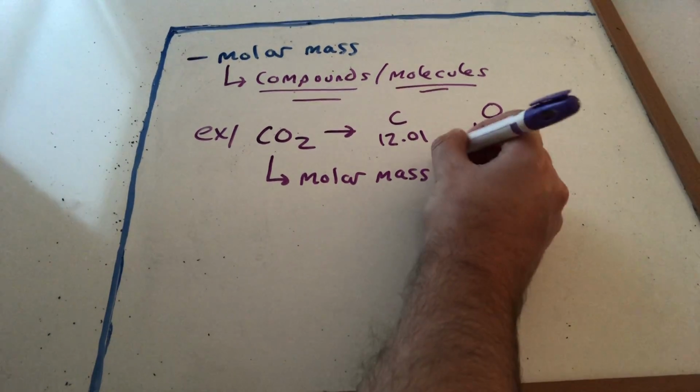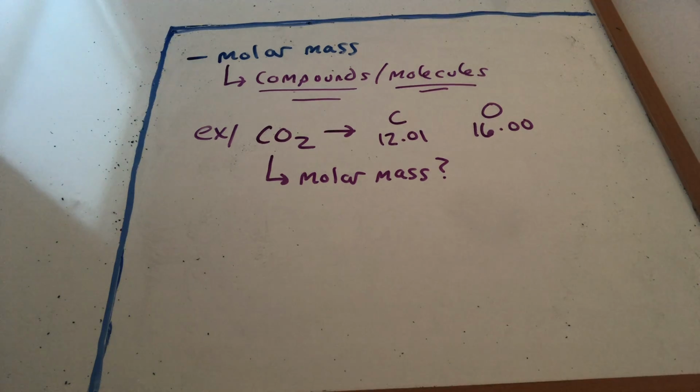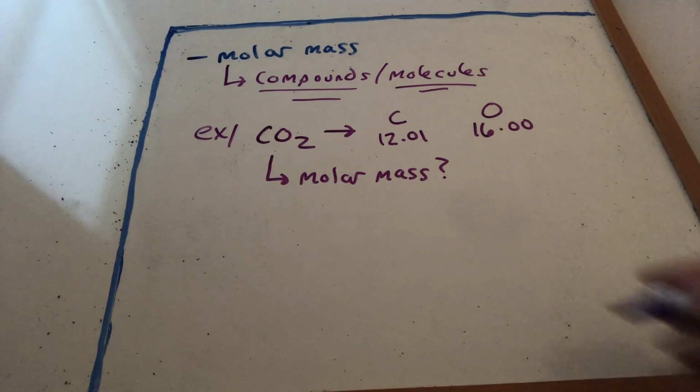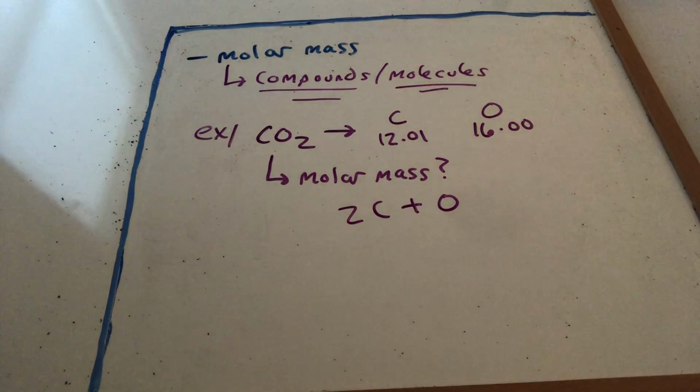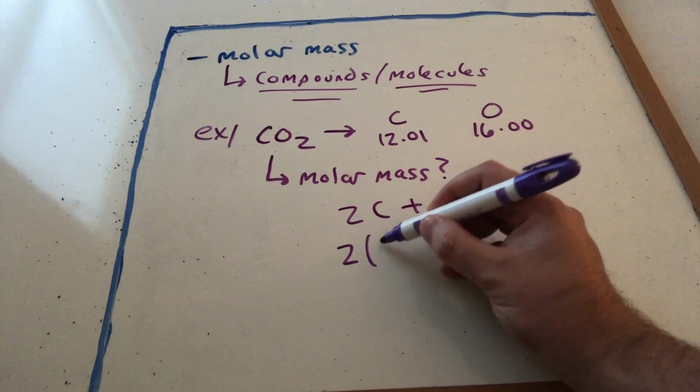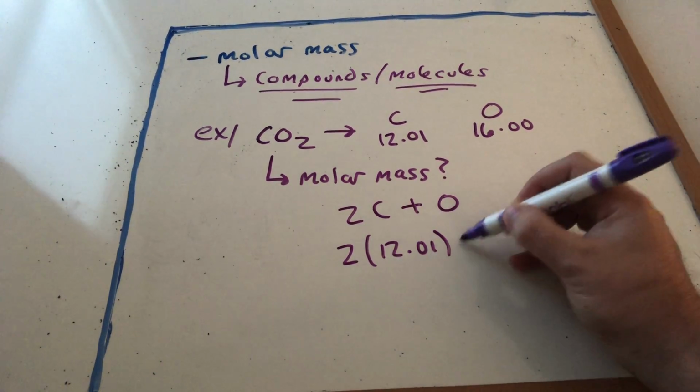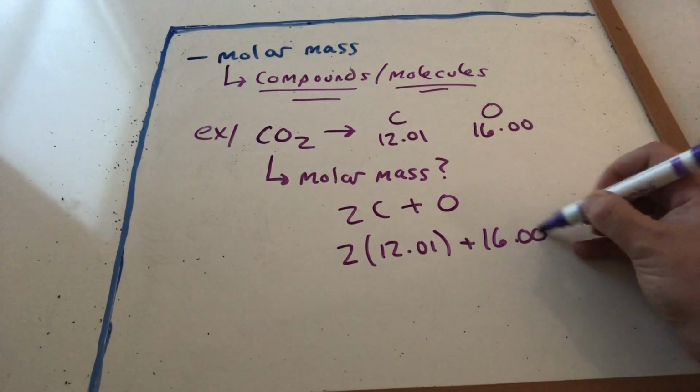Whenever you're asked for molar mass, just remember, you're not talking about AMUs, you're talking about units of grams per mole. So how would you figure this out? Well, you have one carbon, and you have two oxygens. So essentially what you have to do is 12.01 plus 2 times 16.00.